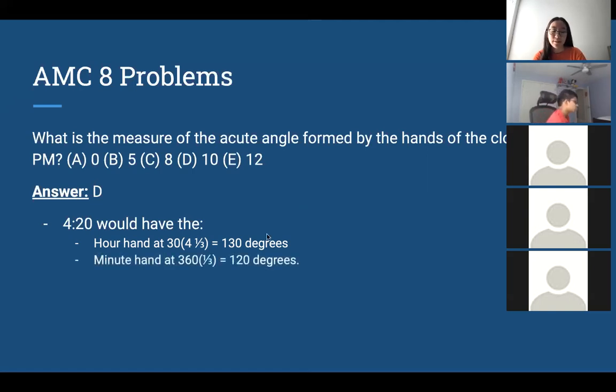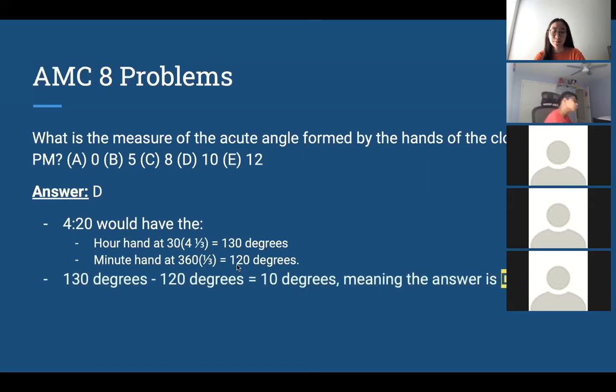And the minute hand, okay, the minute hand is going to travel 360 degrees in an hour. And there's going to be like 20 minutes, so it's going to be at 120 degrees. Now you just have to find the degree difference between them.